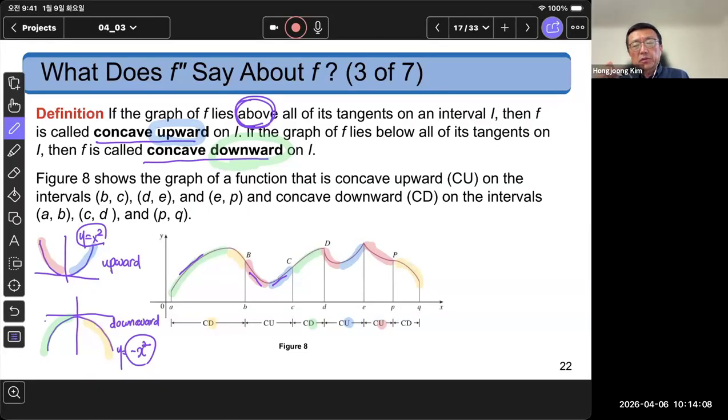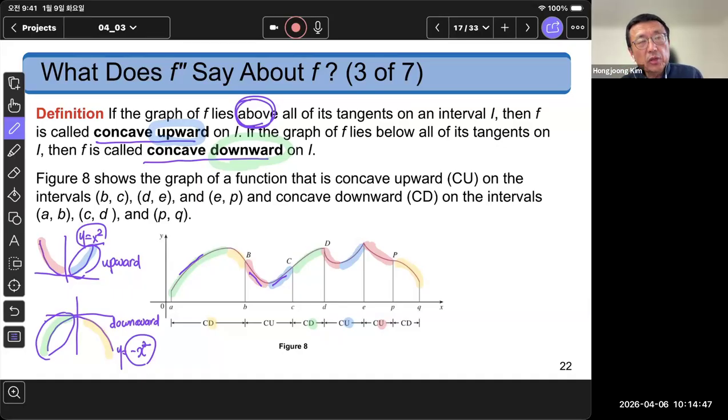So moments ago, we considered two increasing patterns, the increasing but concave upward and the increasing but concave downward, right? So that was the case to the right of the x squared part and to the left of the negative x squared part. And similarly, if I consider the left-hand side of 0 of x squared, your function is decreasing, and to the right of 0 of negative x squared, the graph is decreasing.